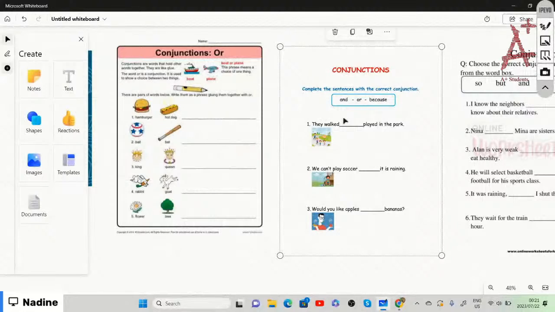We are going to write the correct word where the line is, where the missing space is, in order to show the complete sentence.